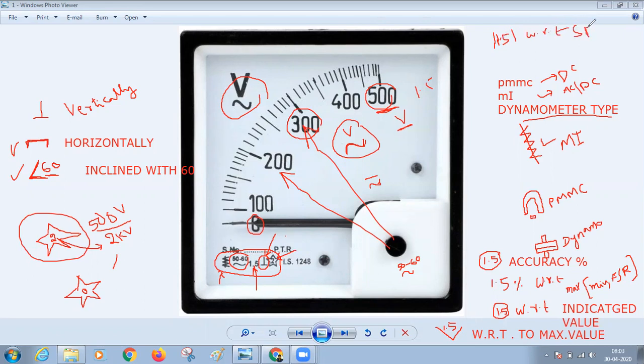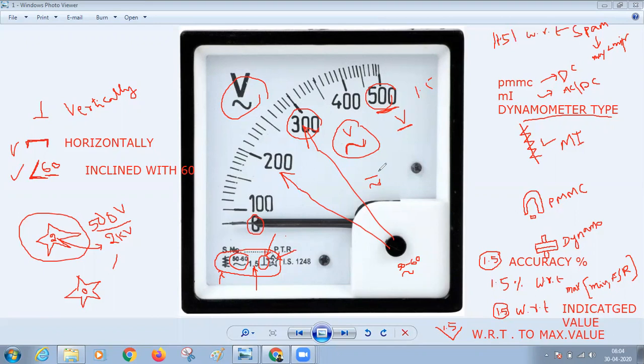Okay, what is span? It is the difference of maximum value and minimum value, maximum minus minimum of the meter. For this meter, the maximum value is 500, the minimum value is 0. So 500 minus 0 is 500, right? So 1.5% of 500 is the error for this meter.